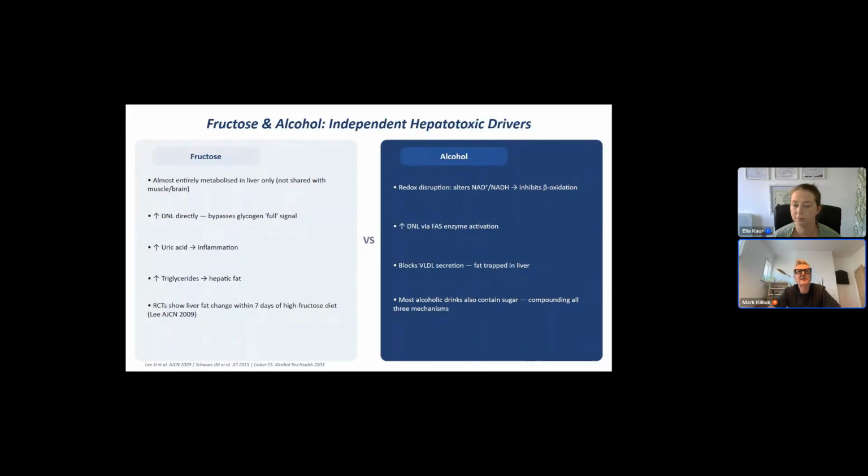Besides the fact that insulin resistance is pushing fat from fat cells to the liver, and insulin is creating the de novo lipogenesis, we also have fructose and alcohol that can be adding to the problem. They don't require the standard carbohydrate insulin pathway to cause hepatic damage. They hit the liver directly through distinct mechanisms.